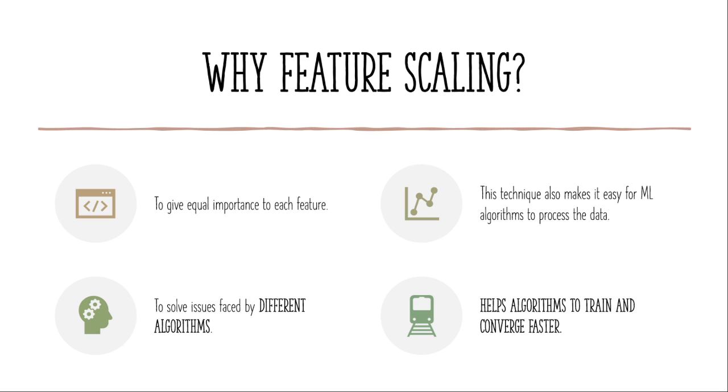These are all the problems we will be facing, and I will discuss them in detail in the next slides. These are the problems we will face if we don't apply feature scaling on different algorithms. So let's see how these algorithms face these issues and how we will solve them.